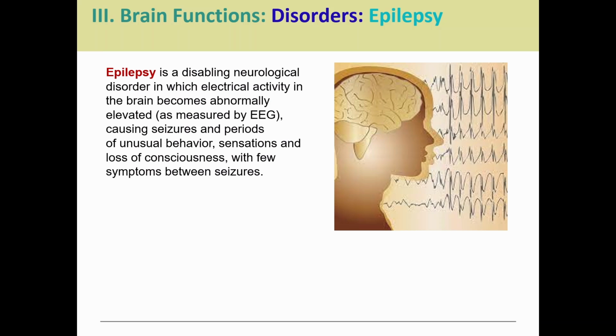And then epilepsy, this is a neurological disorder where electrical activity becomes abnormally elevated. And so this causes seizures as well as unusual behavior, sensations, and loss of consciousness. There are some symptoms that happen between seizures, but usually we see seizures happening as an event, right?